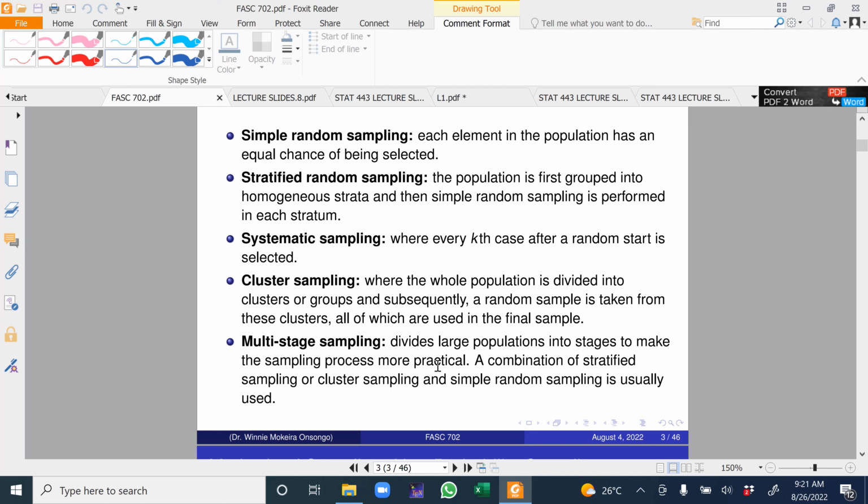And because you are interested in malaria prevalence, maybe you are interested in the number of hospital admissions. So you are going to divide your country into regions, and then in the regions you have to identify hospitals. Identify the hospitals in those regions. Maybe they are referral hospitals in the regions.